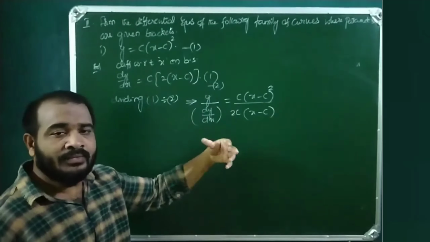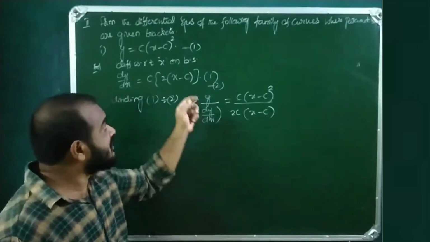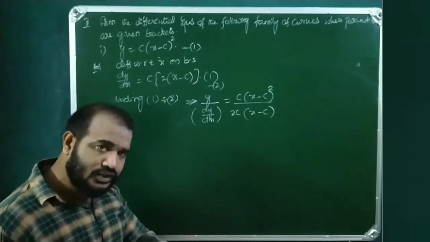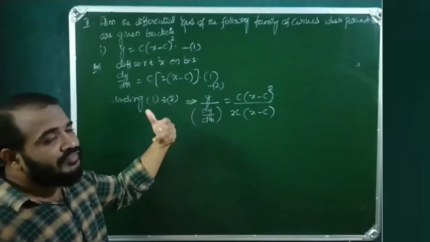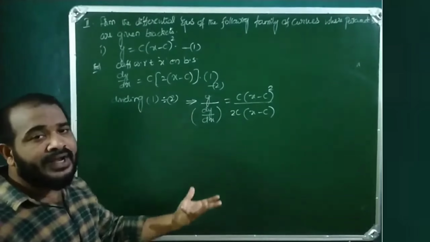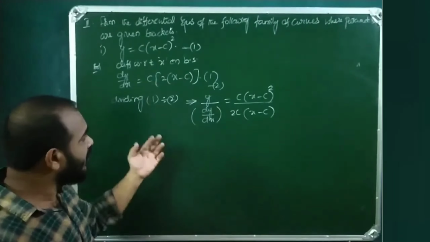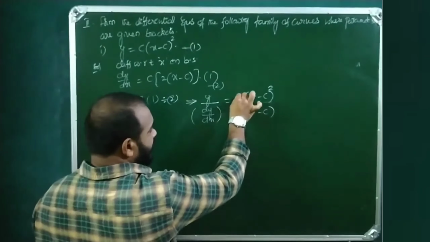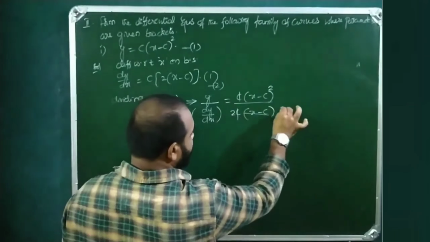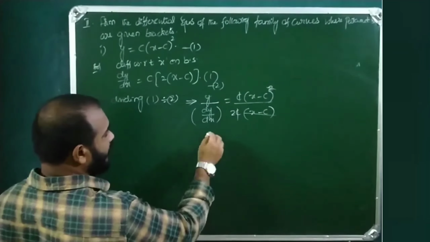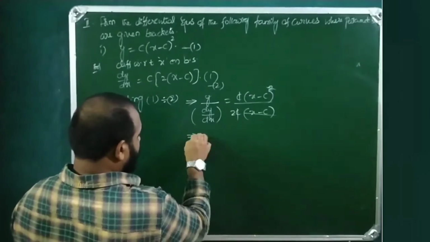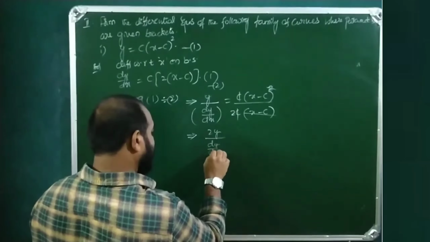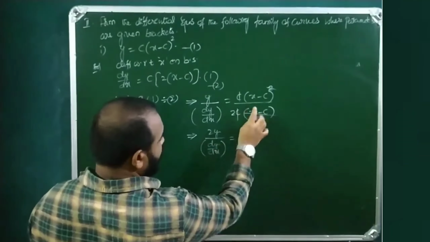We should not differentiate further, since it contains only one arbitrary constant, for which we need to differentiate only once. In the process of differentiation, if it is not eliminated, then with suitable operations, here the operation is division that I have taken. So here c gets cancelled and x minus c once cancels. Therefore y by dy by dx equals (x minus c) by 2.